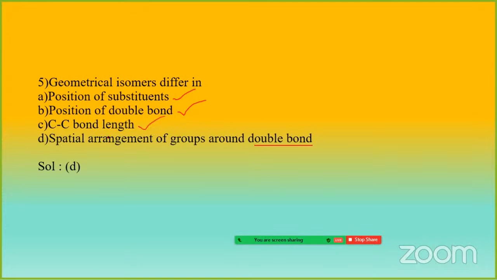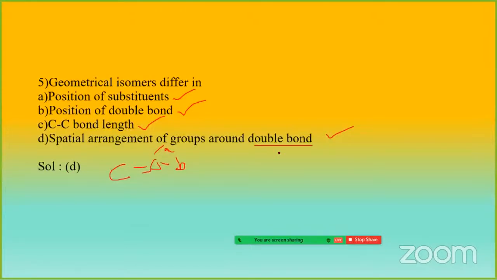But around the double bond, we write whether similar groups or different groups are present. So geometrical isomers differ in the spatial arrangement of groups around the double bond. So hence the answer will be D.